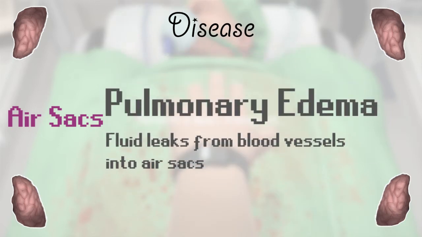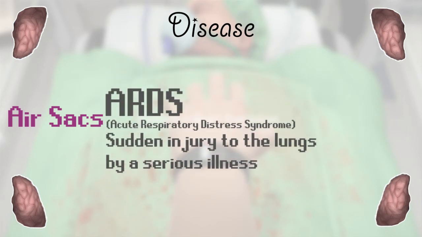Pulmonary edema is when fluid leaks out of the small blood vessels of the lung and into the air sacs in the surrounding area. This can usually happen from heart failure and back pressure in the lung's blood vessels, or direct injury to the lung causing the leak of fluid. Acute respiratory distress syndrome, ARDS, is a severe sudden injury to the lungs caused by a serious illness.